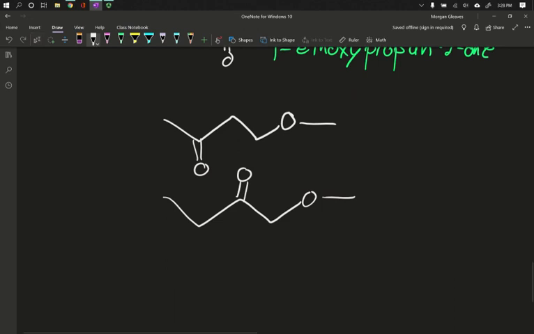If we tried to put the double bond here, at first glance, you're like, oh, I can just keep moving that double bond oxygen around, but this would be an ester group. As soon as those oxygens are sharing that carbon, that's now a new functional group. So that doesn't work. And I can't put the ketone on the end because that would be an aldehyde.